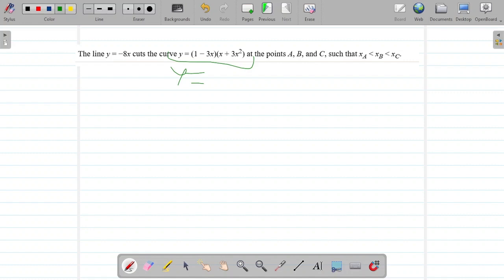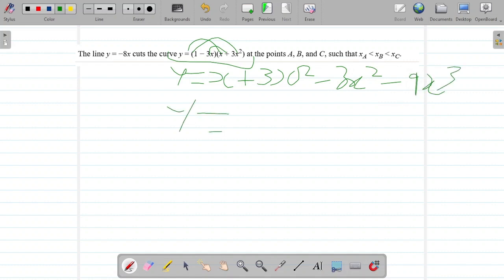So let's distribute x, plus 3x squared minus 3x squared plus minus 9x cubed. So you get y equals x, you cancel those, so you get x minus 9x cubed.